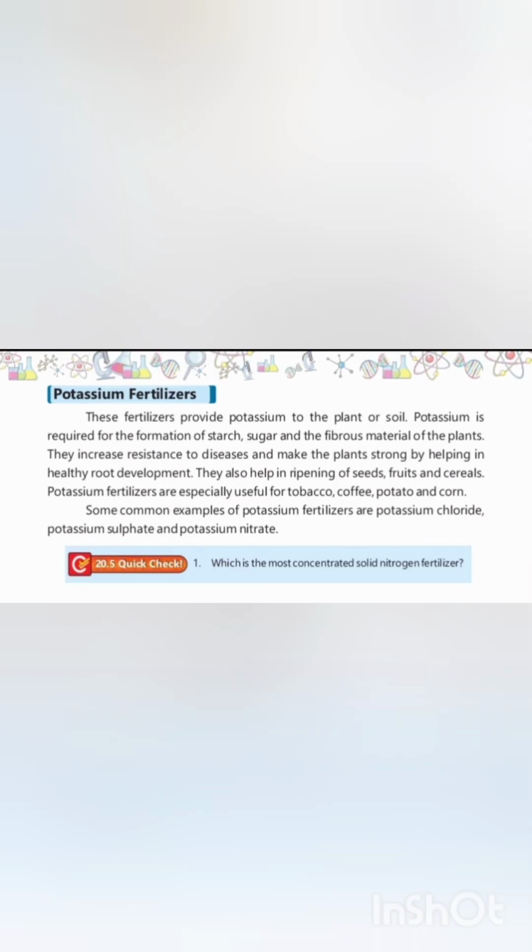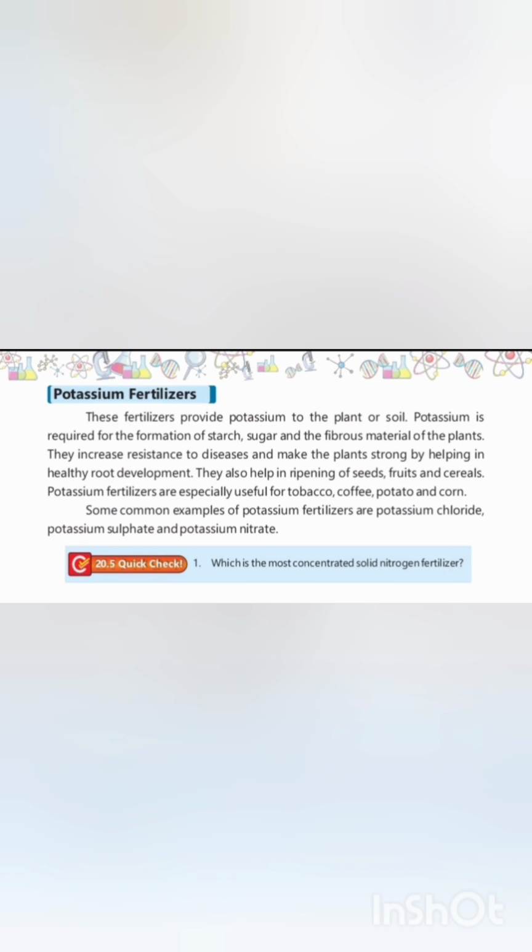Third, potassium fertilizers. These fertilizers supply potassium directly to the growing plant roots. Biological role. Potassium is essential for metabolic processes that regulate formation of starch, sugar, and fibrous structural materials.